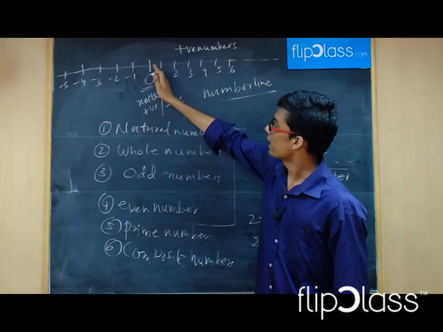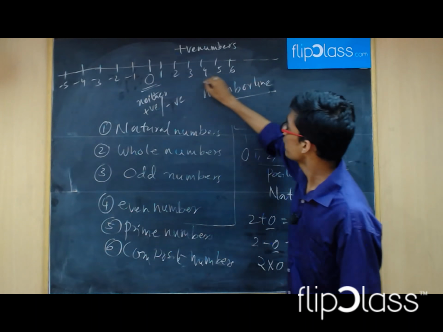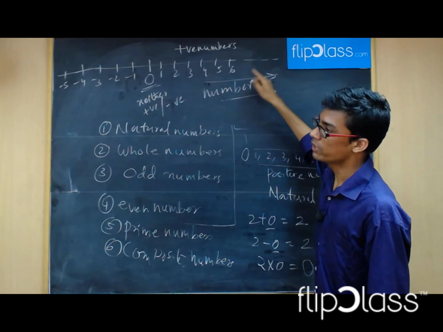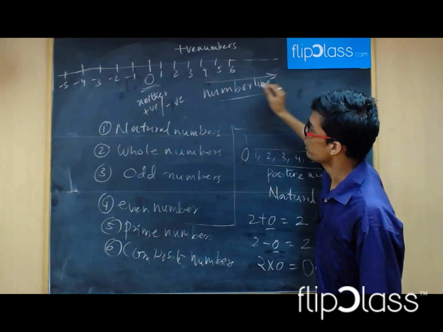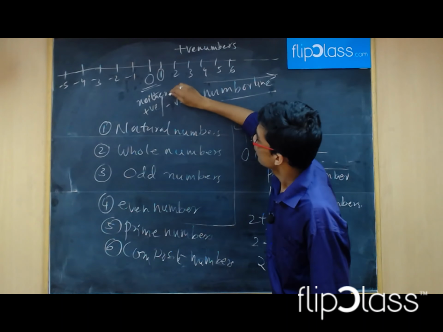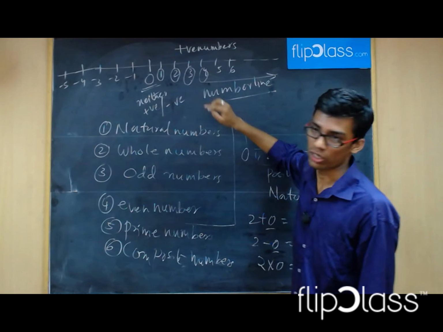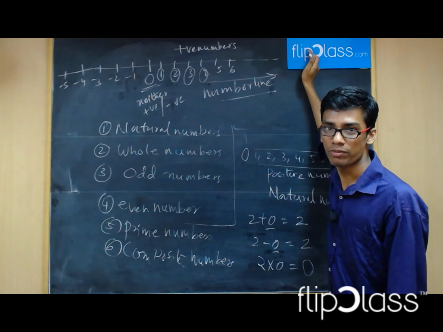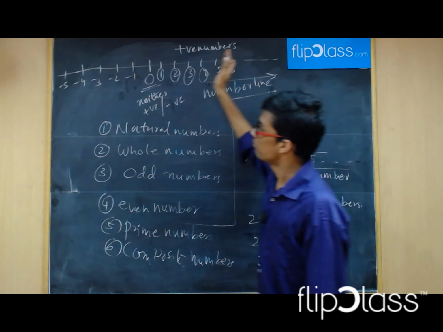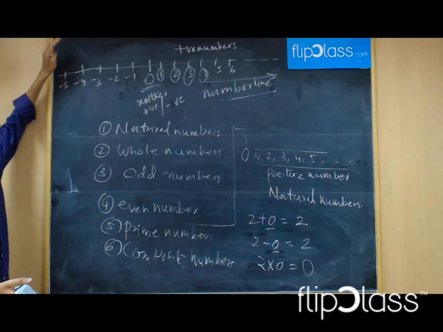The right side of 0 are all positive numbers, and if you go to the extreme right side, the numbers keep on getting greater, which means 1 is smaller than 2, which is in turn smaller than 3, 4 and so on. If you move to the right of the number line, you will always have a number of greater value. And if you go to the left of the number line, the numbers will be of a lower value.